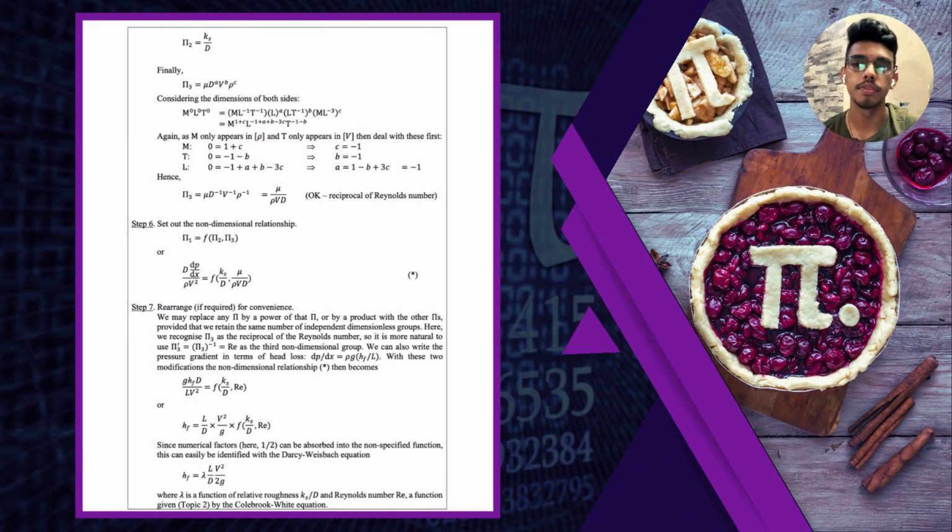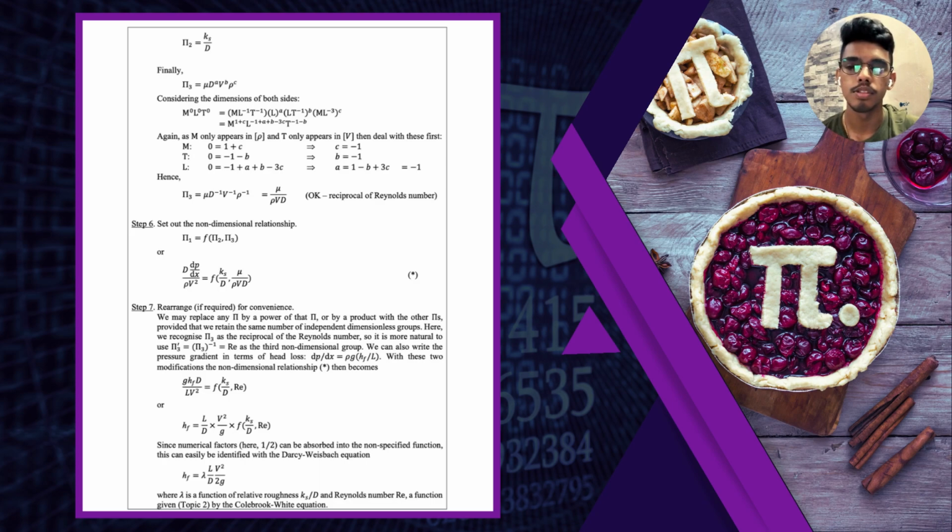Since we already know that Ks is non-dimensional, we can find pi2 equals Ks over diameter. Since Ks and diameter have the same dimension, which is length L, for pi3 we have to use the same general equation based on the previous slide. So we'll get pi3 equals mu times diameter to the power of a, velocity to the power of b, and rho to the power of c.